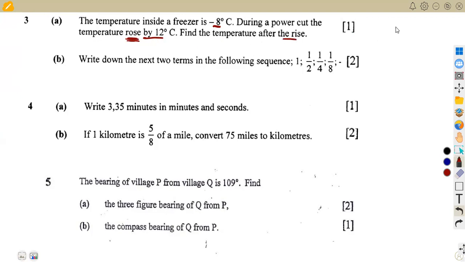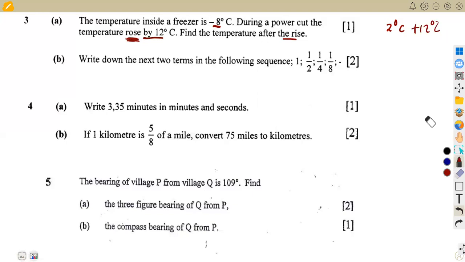Let's say the temperature was at 2 degrees Celsius, because we are used to normal positive whole numbers. If our temperature was at 2, then it rose by 12. What was going to happen? If the temperature increases by 12, we are simply going to add on.